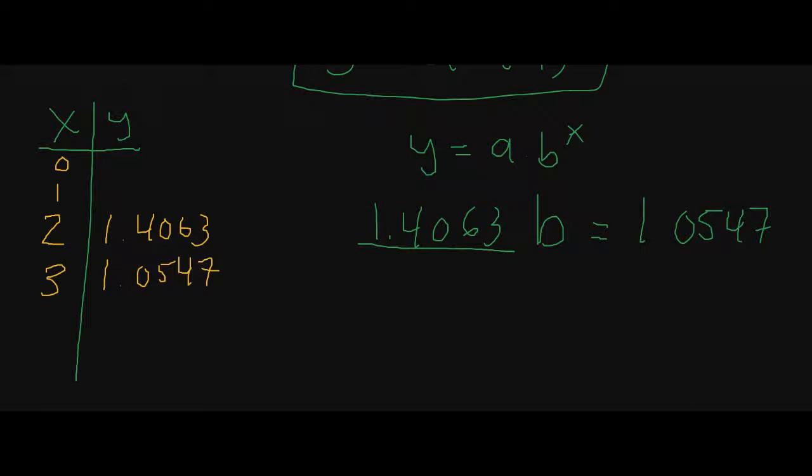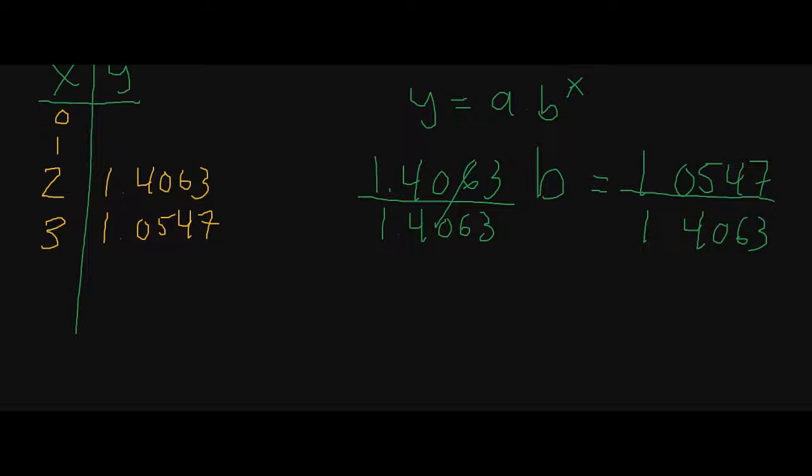Well, all I do is just divide 1.4063 to both sides. And we're going to get b is equal to 0.75.